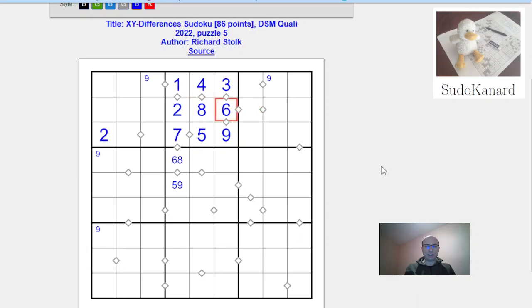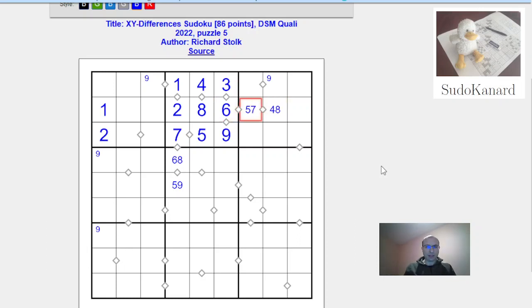What about this 6? The difference is not 2. It couldn't be 3 or more, because then we would go to 0 or lower. So the difference has to be 1. So there's a 1 here. And this is either 6, 5, 4 or 6, 7, 8.